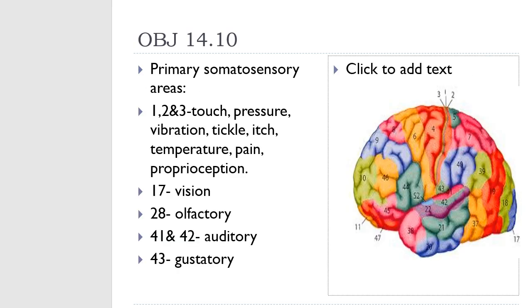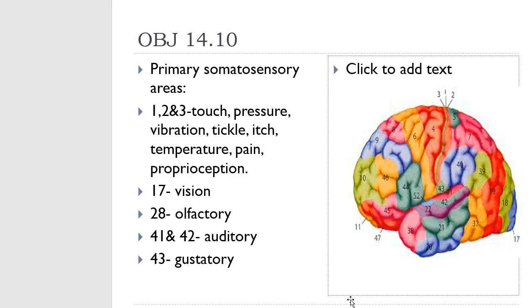So the primary somatosensory areas 1, 2, and 3, as we can see right up here, deal with touch and pressure, vibration, tickling, itching, temperature, pain, and proprioception. So we're trying to see where everything occurs. How does it make you feel? So those are some sensory areas that we can test in lab as well.